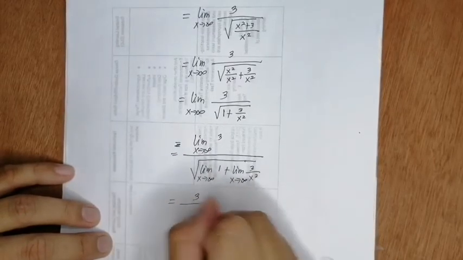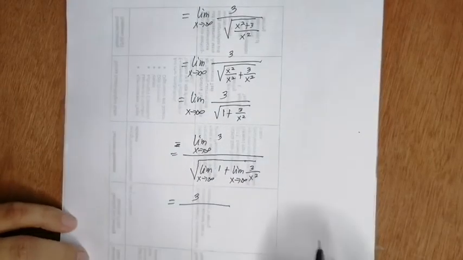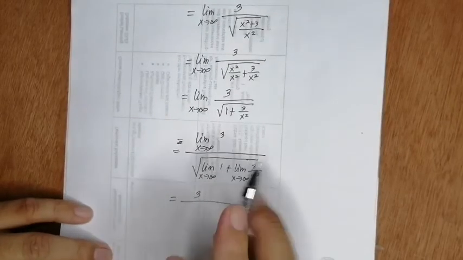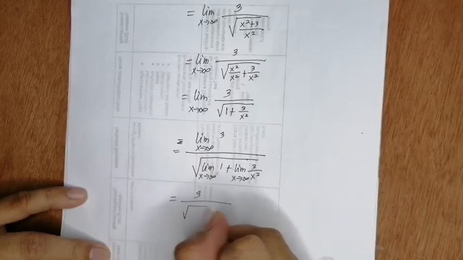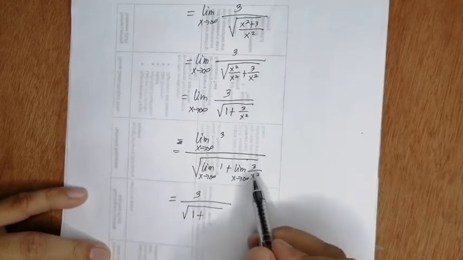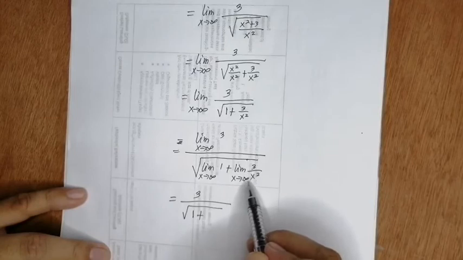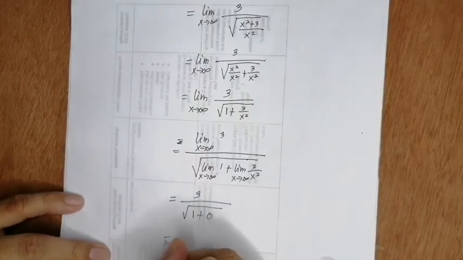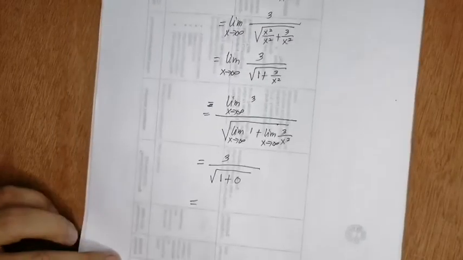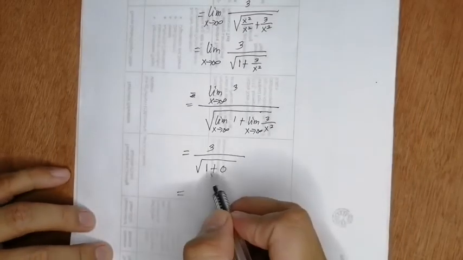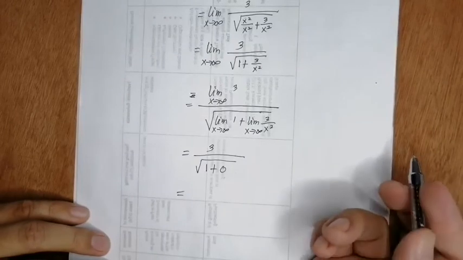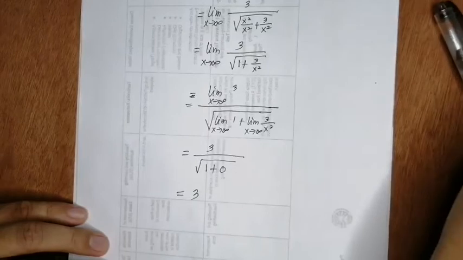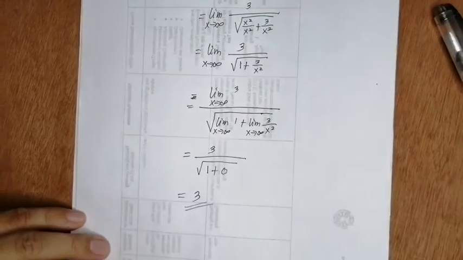So, that's 3 over limit ng constant sa denominator natin 1 pa rin plus limit ng 3 over x squared as x approaches infinity. So, this will become 0. Okay? So, kaya ang matitira na lang natin ay 3 over square root of 1, which is 3 over 1 or 3. Okay? So, this will be our final answer.